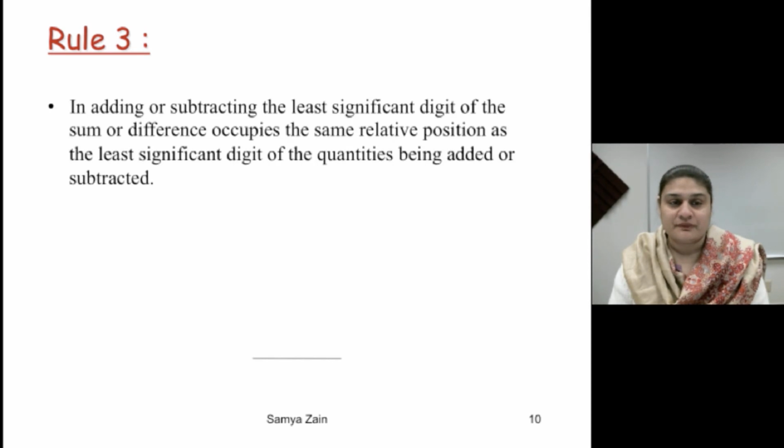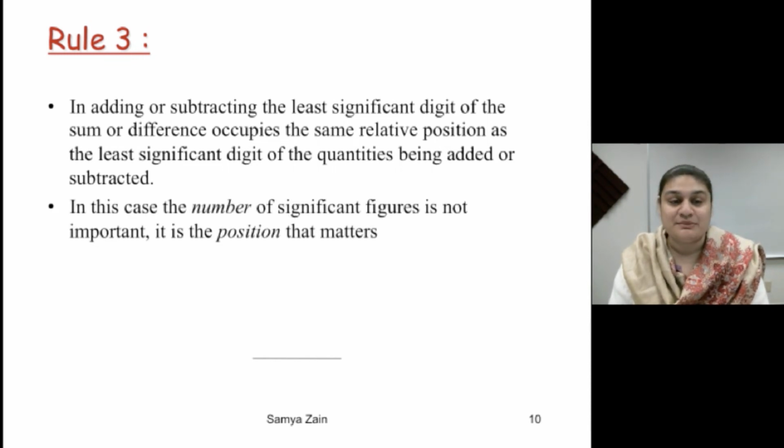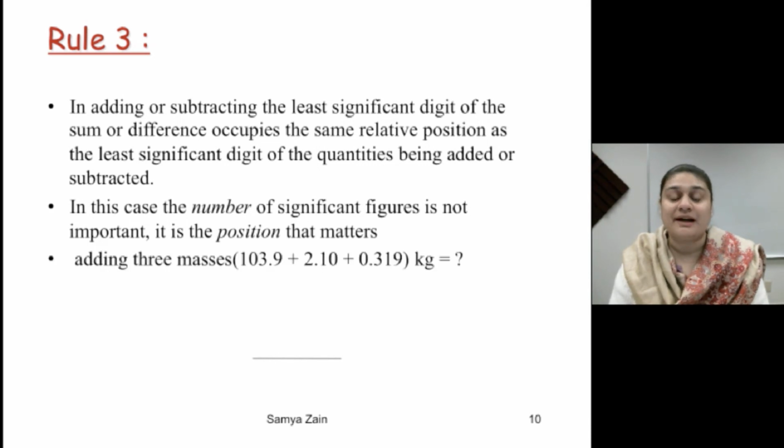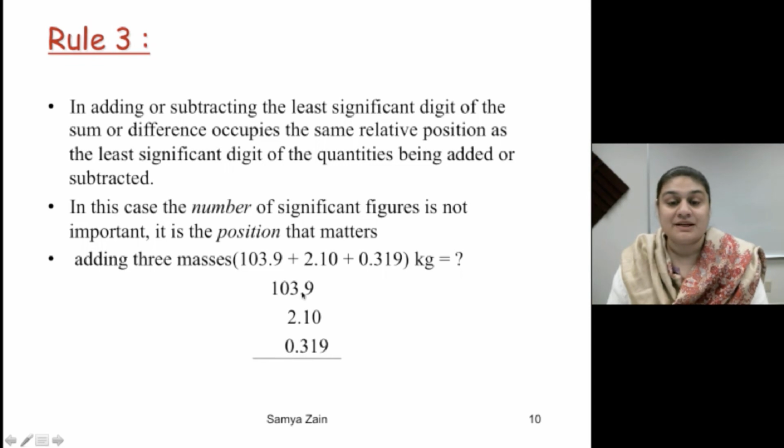Rule number 3. In adding or subtracting, the least significant digit of the sum or difference occupies the same relative position as the least significant digit of the quantities being added or subtracted. Now, what does that mean? What that basically means is, if you were to add 103.9, 2.10, and 0.319 kilograms, for example, all together by hand, what you would do is write them in a straight line in such a way that the decimal points all line up.